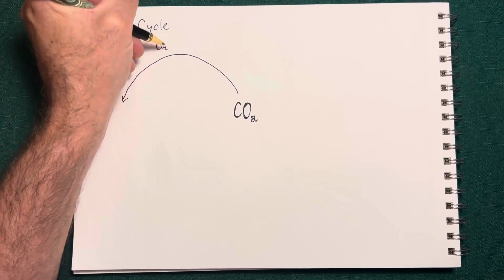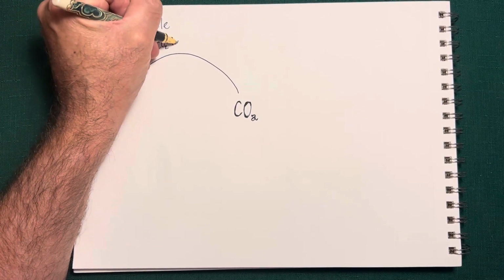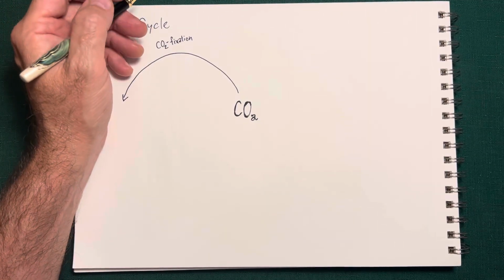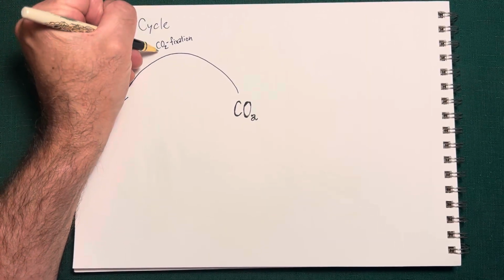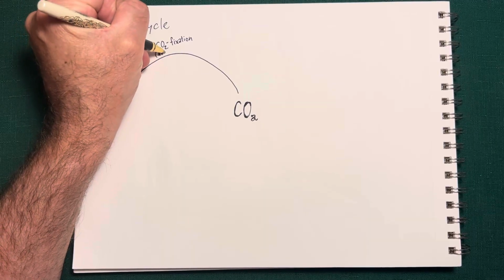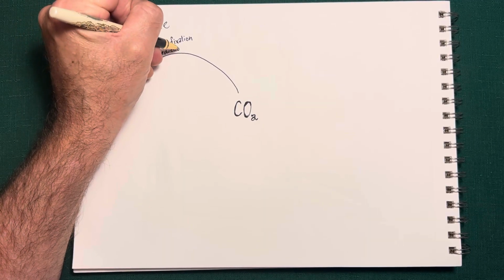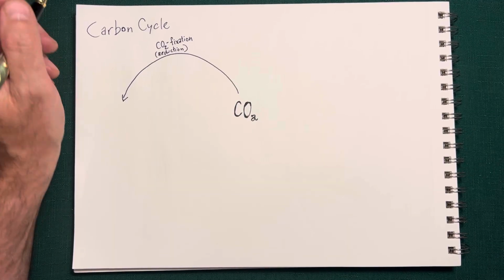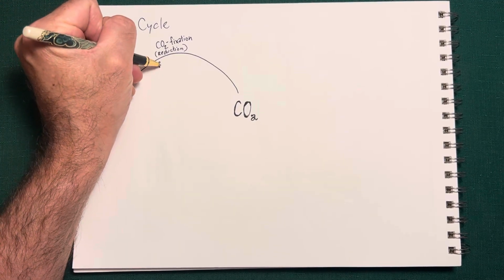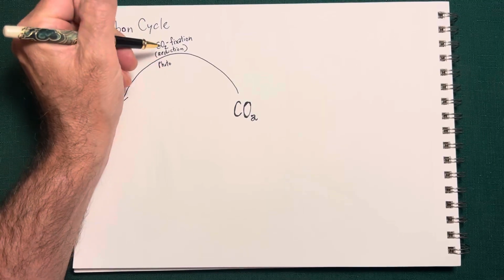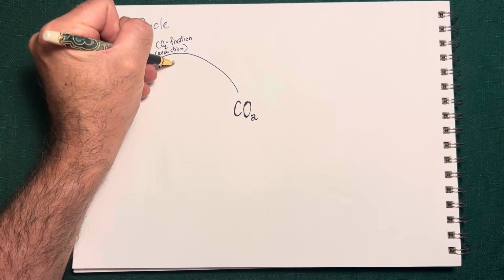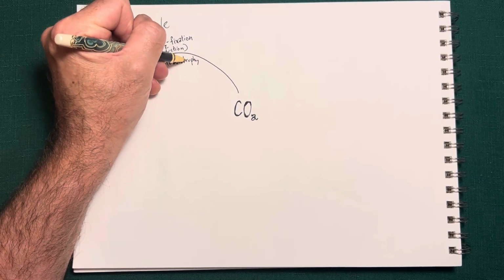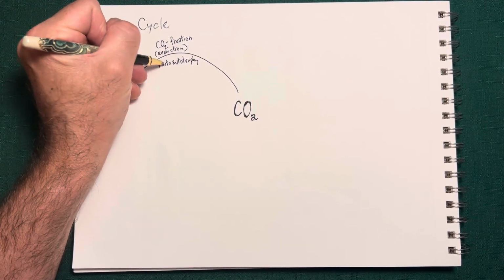So we're going to have carbon dioxide fixation, which is a reduction process for that carbon atom. And this is done through photoautotrophy, or the Calvin cycle, typically.